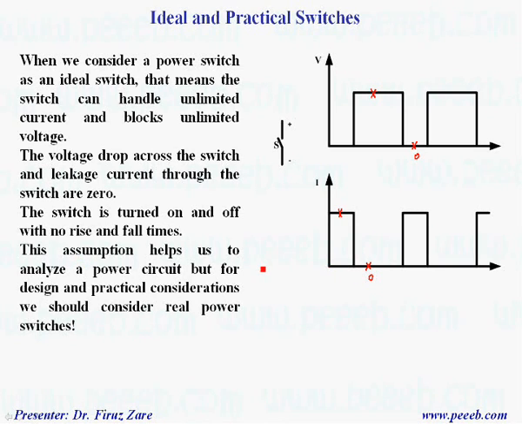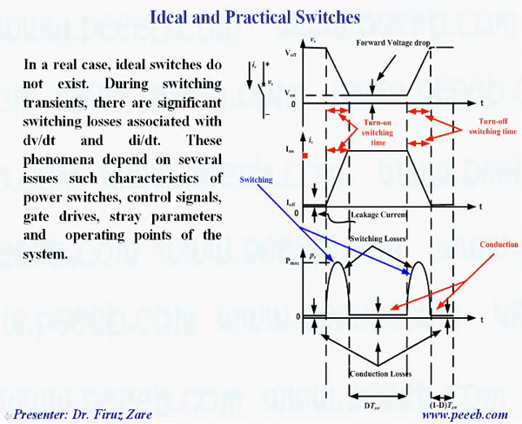So the switch is turned on and off with no rise and fall times. That means the switch is very fast. So this assumption helps us to analyze a power circuit, but for design and practical consideration, we should consider real power switches. In a real case, ideal switches do not exist.